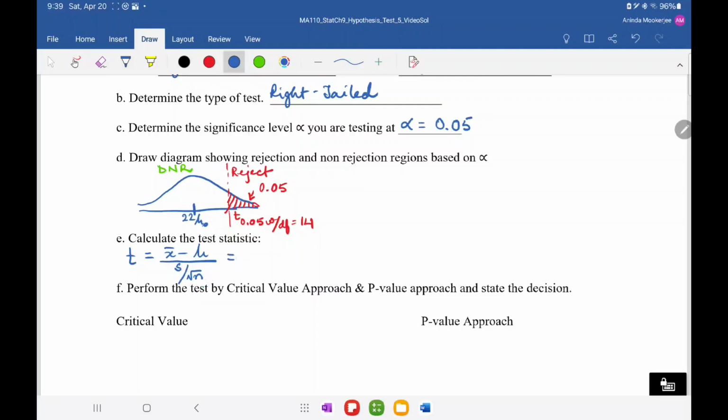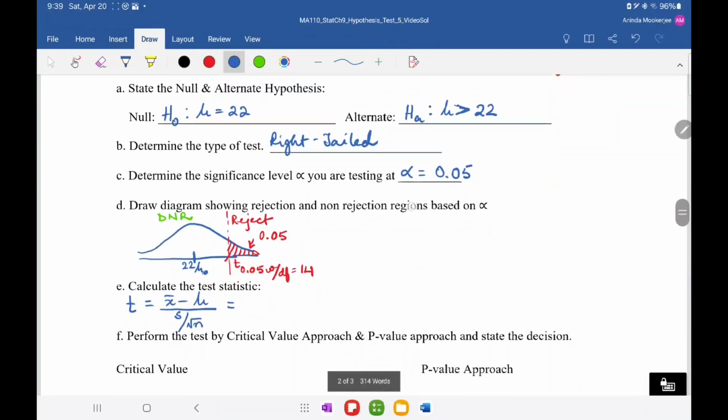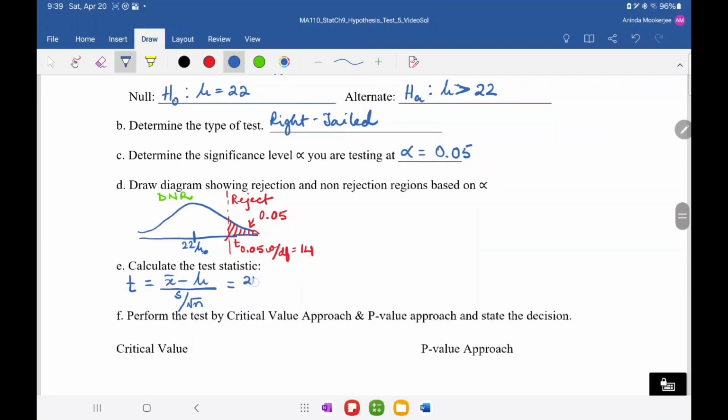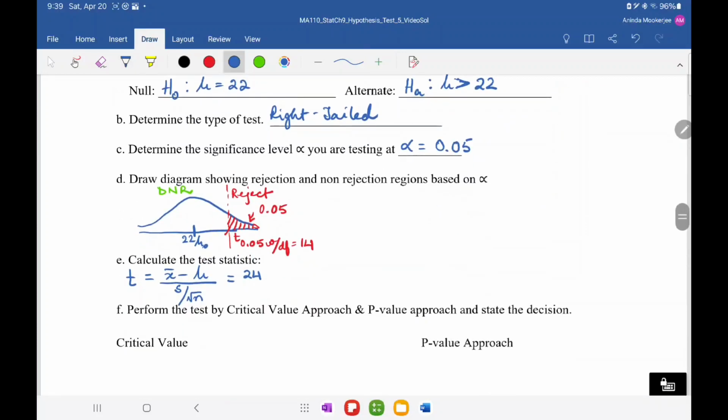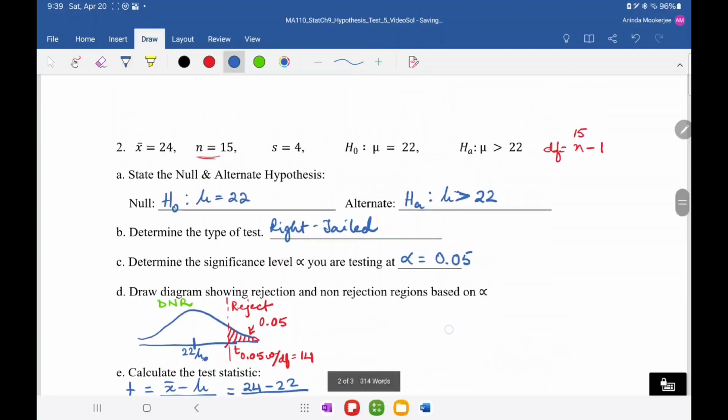So x bar given to us is 24 and mu is 22. That's the null hypothesis mean. That's minus 22 over s, which has a value of 4. This is our s.